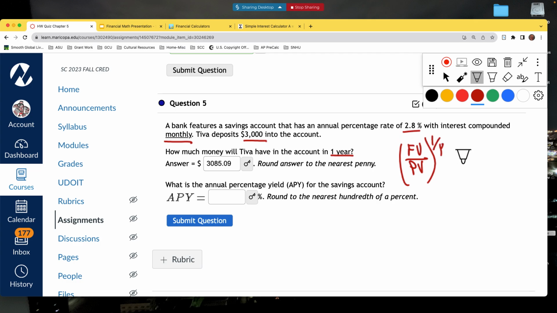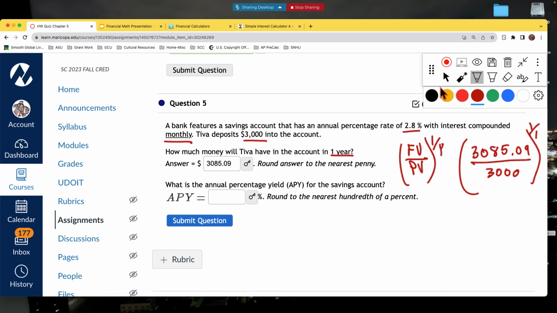We don't put in the compounding. So future value was 3,085.09. Present value was 3,000. And we raised that to it was 1 year, so 1 over 1, which is 1. So really we just need to do this division here.